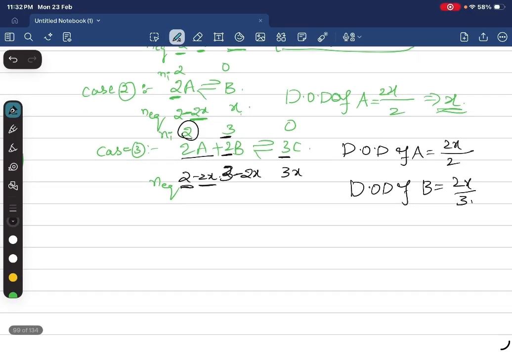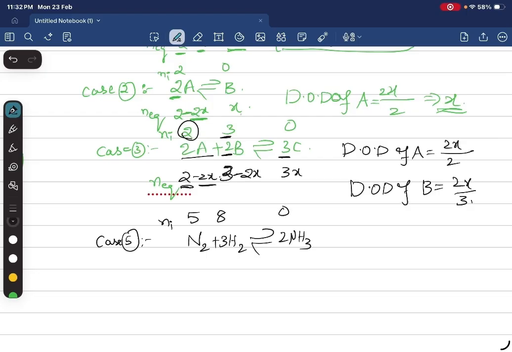We can also write the same thing for different examples. We can write case 5 with the example N2 plus 3H2 gives rise to 2NH3. So initial moles are this one, let us take 5, 8 and 0. So the number of moles at equilibrium is 5 minus x, 8 minus 3x, and this will be 2x.